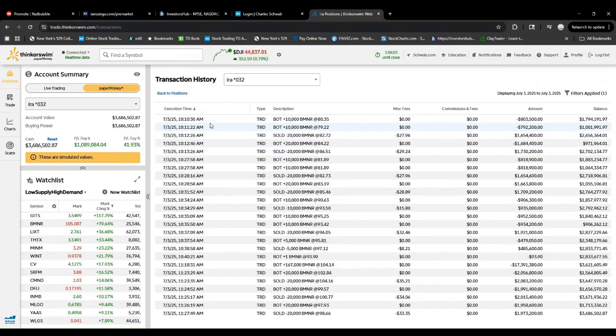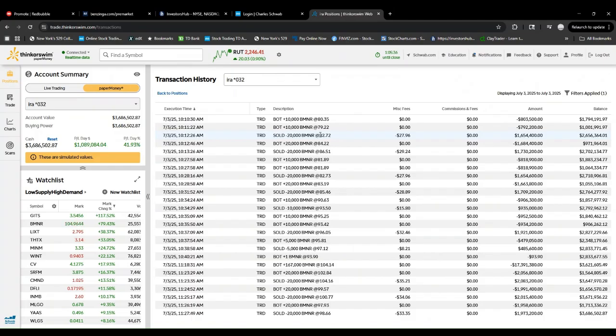My first trade, I bought 10,000 shares of this stock here, BMNR, at $80.35. Then the trade kind of went red on me. I added another 10,000 at 79.22 to average down a bit.